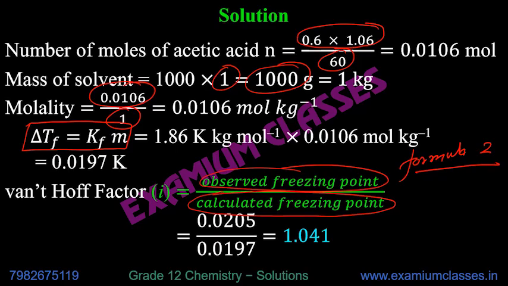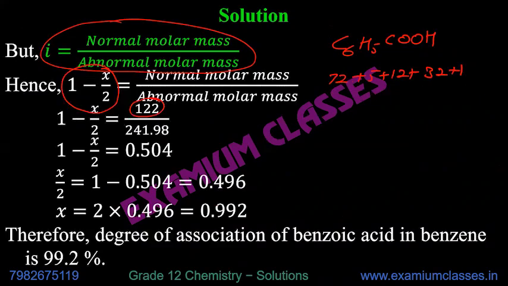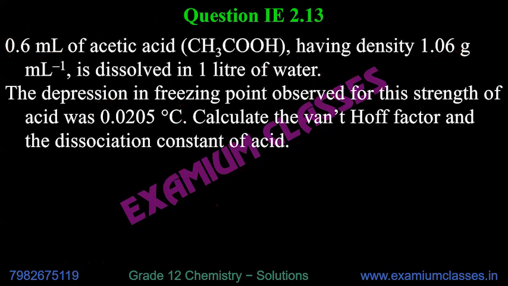So here we calculated delta TF 0.0195, and 0.0205 is given in the question, that after dissociation this much was the change.